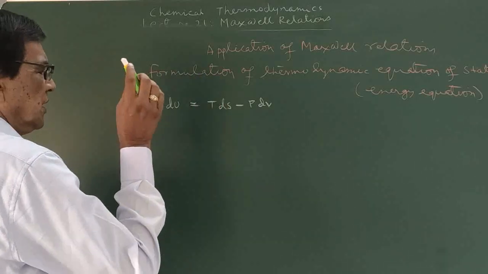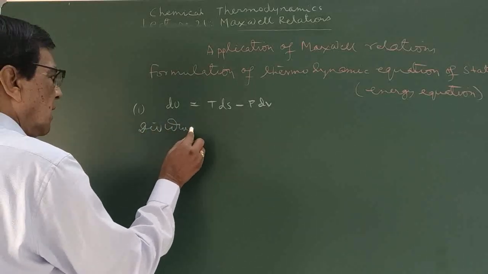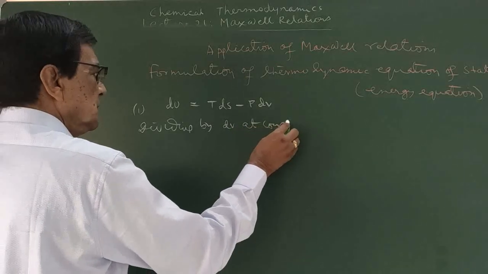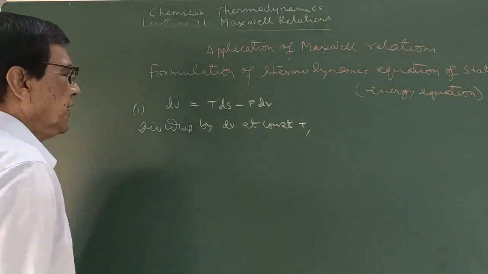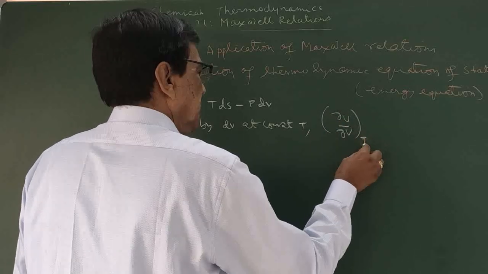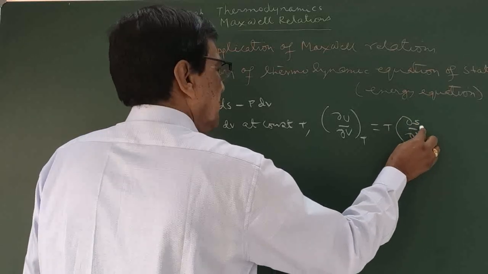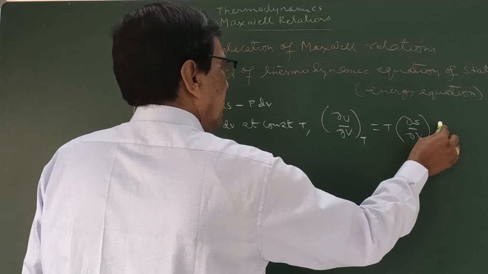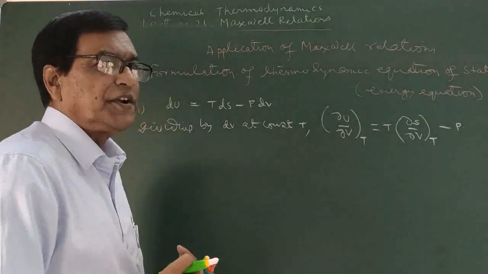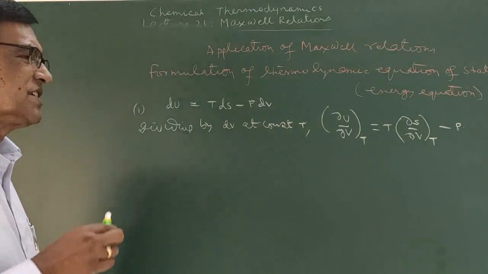If we divide by dV at constant T, we get del U by del V at constant T equal to T del S by del V at constant temperature minus P. And this is not a measurable quantity, so this term could be transformed into some measurable quantity by the use of Maxwell's relations.